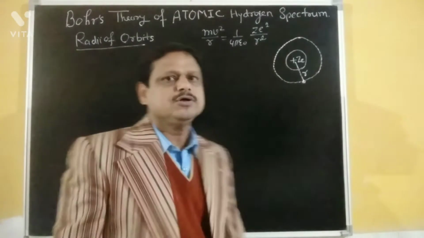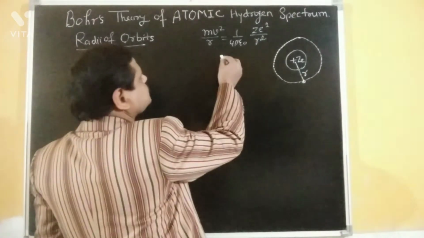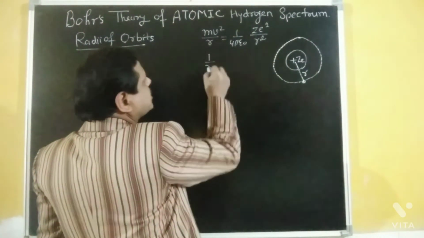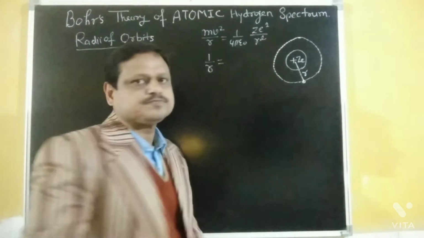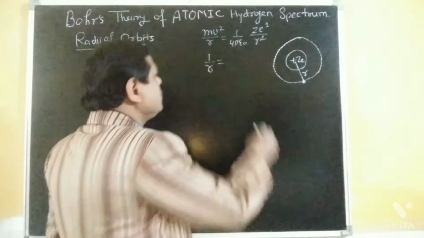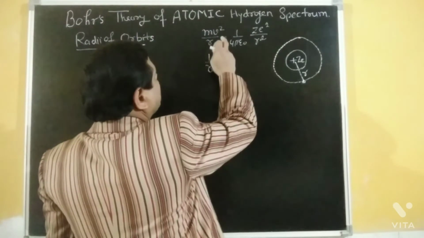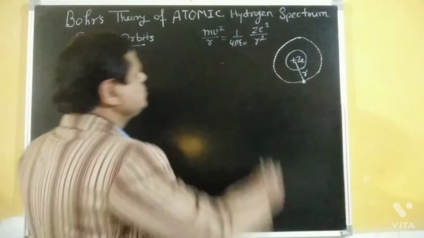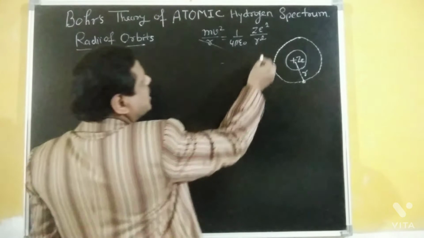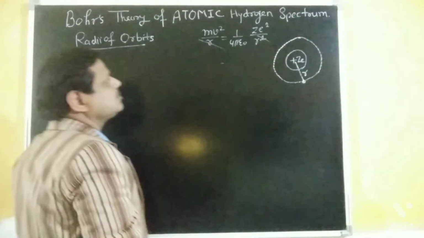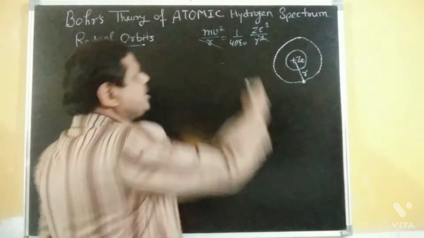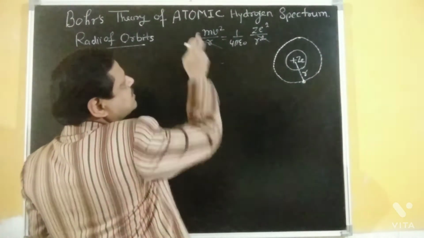By this, what did you get? 1 upon r is equal to... you can solve it. Cancel out r with r, and then r transfers here.